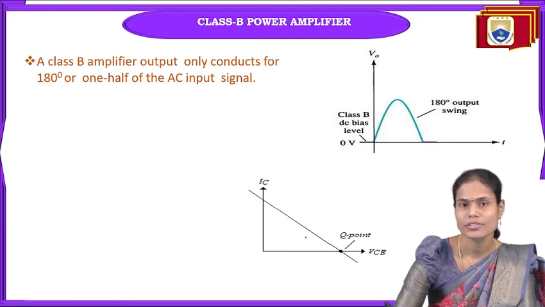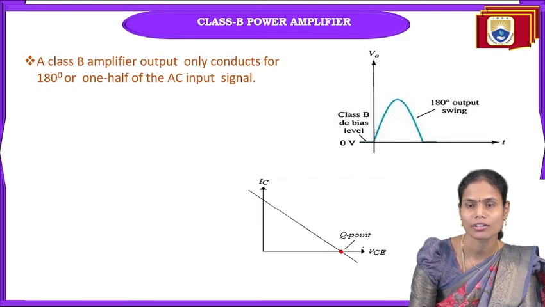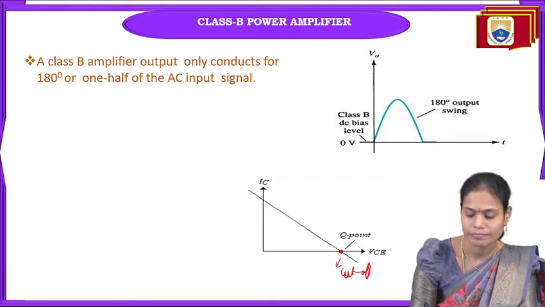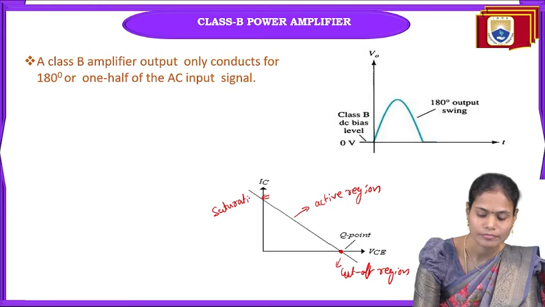Because of that reason, we maintain the operating point at the cutoff region in the class B power amplifier. So that's why I am indicating the Q point or operating point in the cutoff region. This one is the cutoff region, this is the active region, and this one is the saturation region.